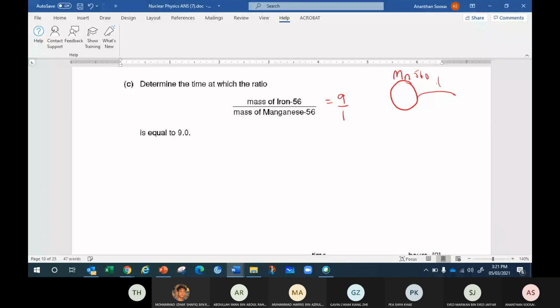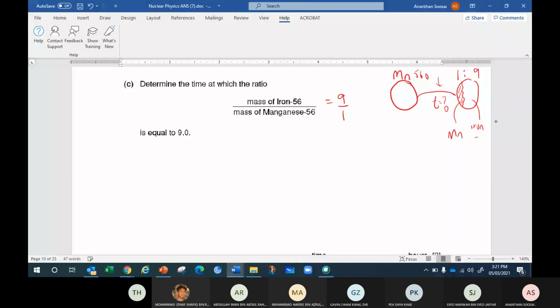After a certain time, of course, the manganese becomes smaller, and the balance turns to iron. They're asking at what time the ratio becomes 9 to 1. It means actually 10 parts: 9 parts become iron, and 1 part still remains as manganese.